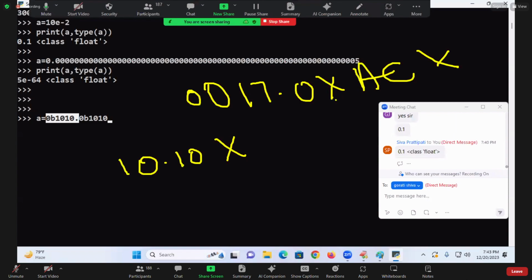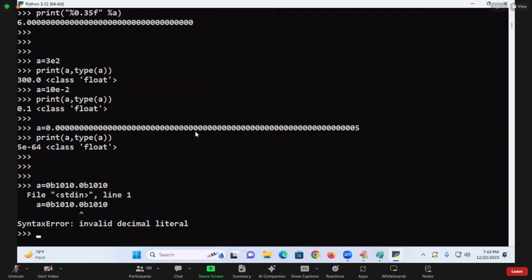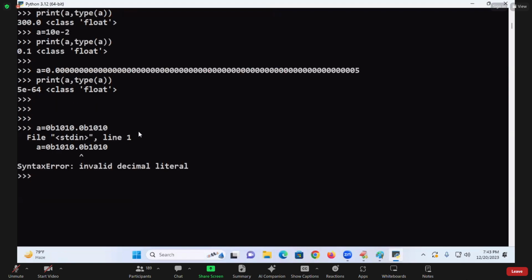You should not think that it is an integer part or a decimal part. It gives a wrong answer. That means the floating point data type never supports number systems directly.